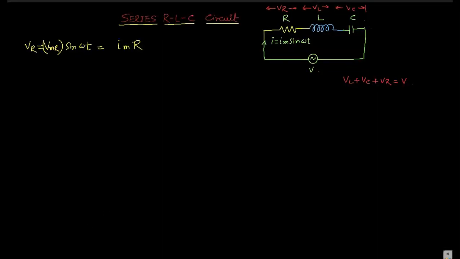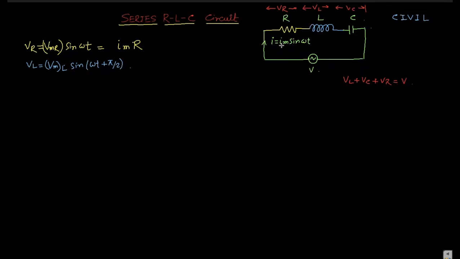What is VL? VL is VmL sin omega t plus pi by 2, because in the case of an inductor, V is leading current by 90 degrees.